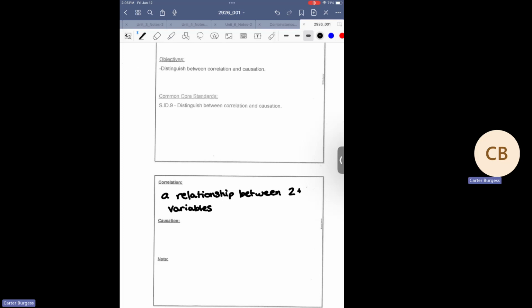Whereas causation starts to get more into the whole discussion that we started with, the independent variables and dependent variables. Causation is what we get. We again might describe it as a relationship, but this is a relationship where changing one variable actively changes the other.